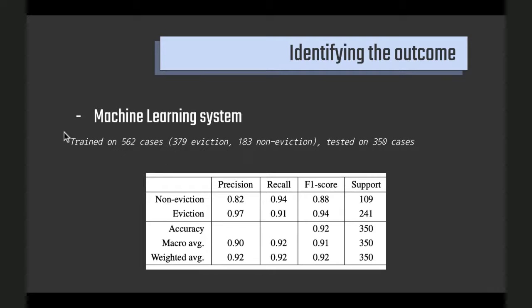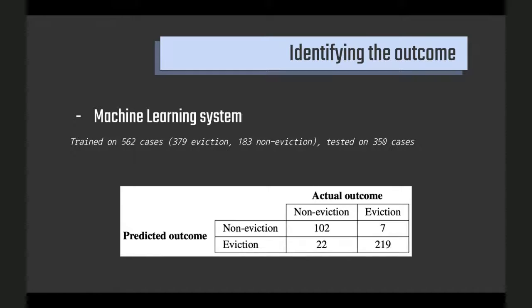So we got much higher scores using machine learning, 92% accuracy.